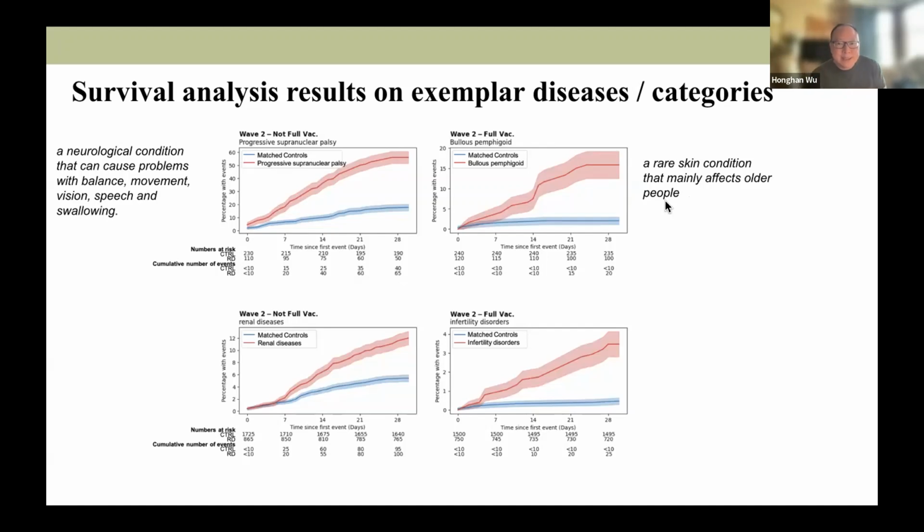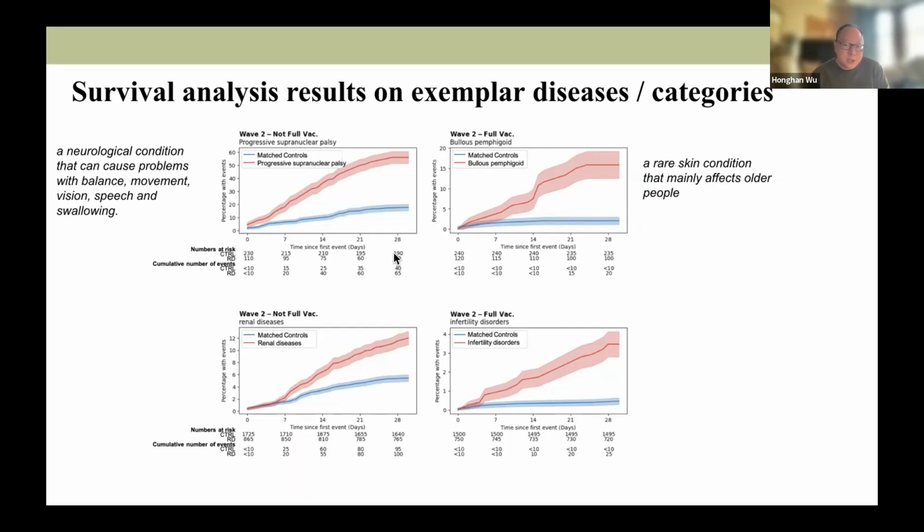We have an exemplar disease called bullous pemphigoid. Sorry for my pronunciation; I'm not so good at these disease names. This is a rare skin condition that mainly affects older people. As you can see, the number here is about 20, much higher compared to their matched control.